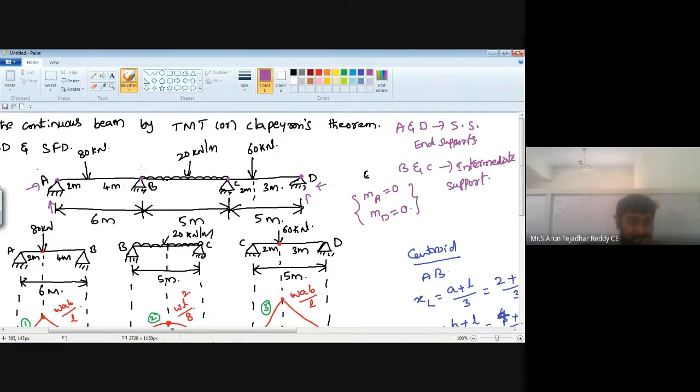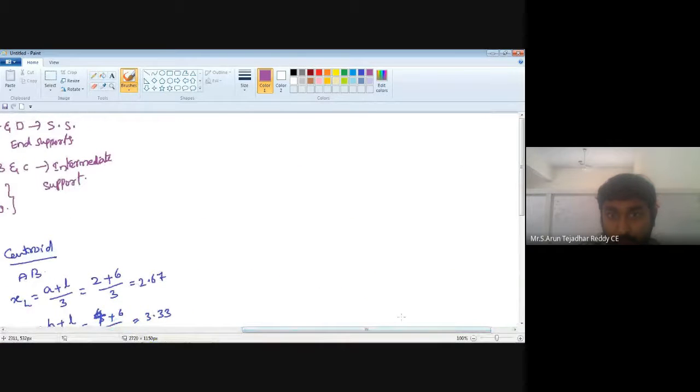When it is an intermediate support, it is a fixed support also. So for that reason we'll get an MB value and we'll get an MC value. Now apply the third step here.